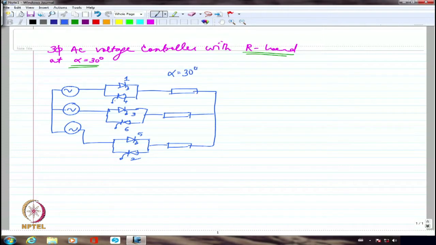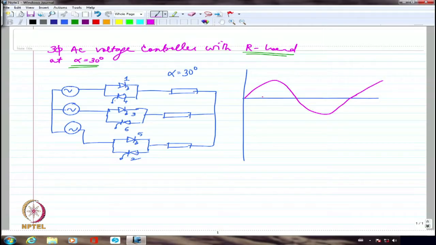So these are the three-phase voltages that I need to draw. So this is one of the phase voltages. So I am going to have this as the 60 degree gap, and then let me draw the second phase, which is going along somewhat like this, right?